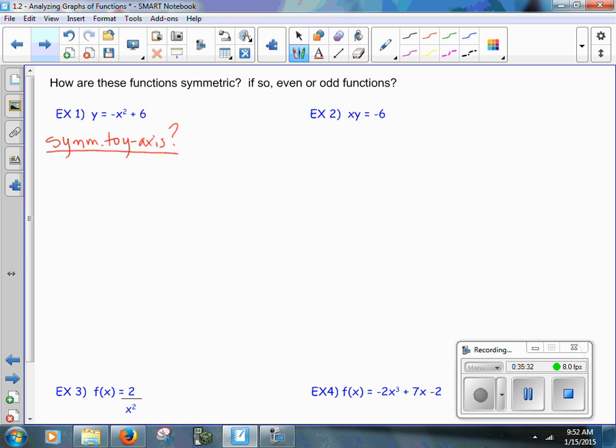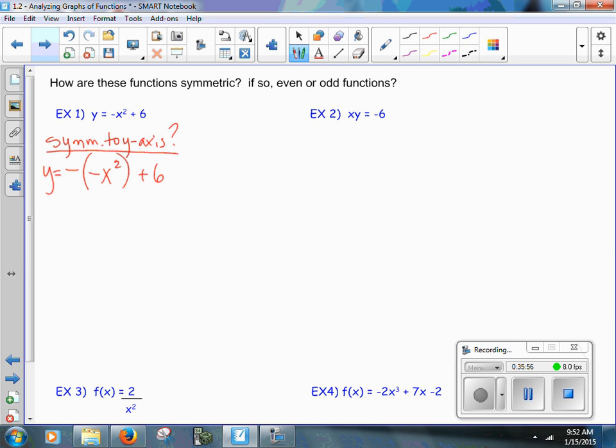What's the opposite of x? So what am I going to plug in? Negative x. All right, so here we go. Anywhere I see x, the negative has to come down. That's part of the equation. I'm plugging negative x in for x, and then I've got to simplify this.